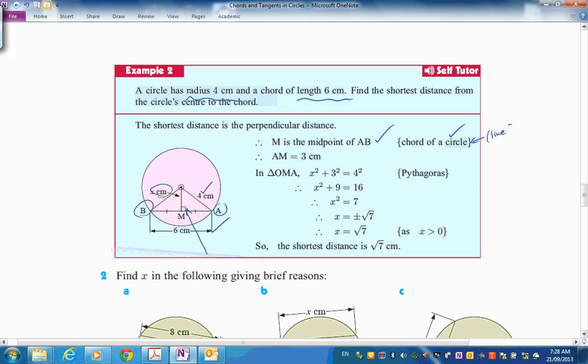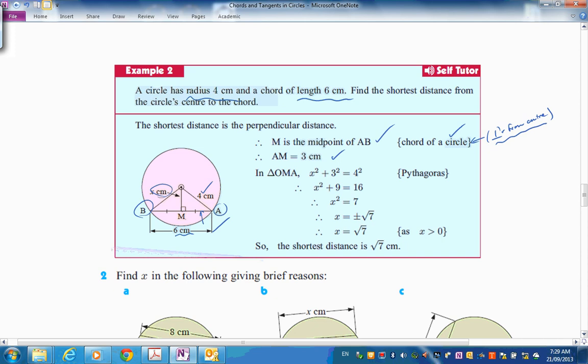Perpendicular from the centre to a chord bisects a chord, so we don't have to put all of it, perpendicular from the centre, because that's the shortest distance. Okay, so therefore AM is 3. Well, why is AM 3? Well, the whole chord was 6, so it's now split into half. That's going to be 3.